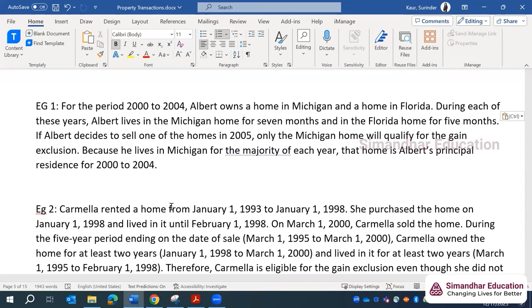Because he lives in Michigan for the majority of each year, this home is Albert's principal residence for 2000 to 2004. Okay, so in this example, the person owns 2 places and is using both places. But the place where he is staying the majority of the year will be considered the principal residence, and he will get an exclusion amount on that property.